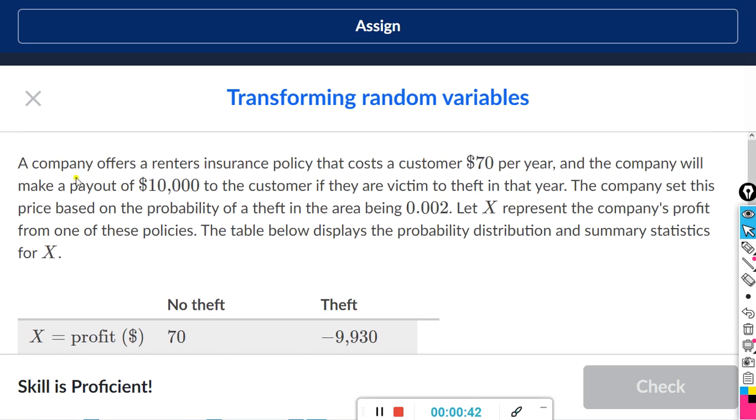All right, some of these write-ups may not even be necessary. It says a company offers a renter's insurance policy that costs the customer $70 per year. The company makes a payout of $10 grand to the customer if they are a victim of theft. The company sets this probability of theft at 0.002. Let X represent the company's profit.